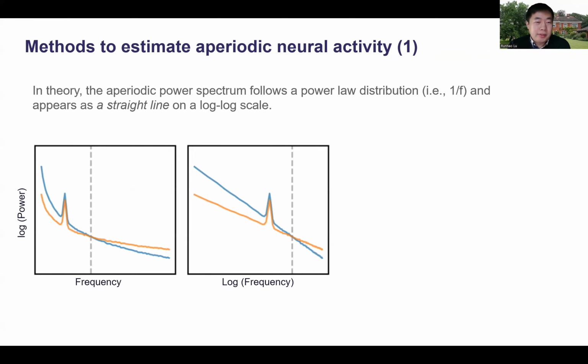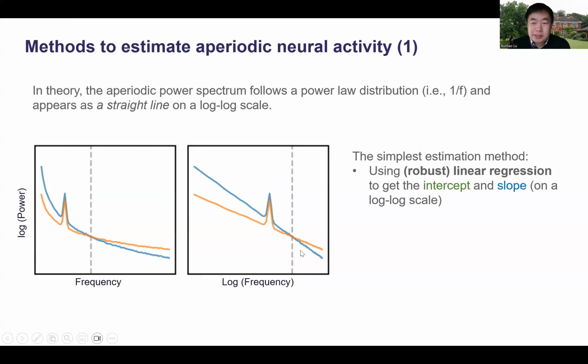In theory, the aperiodic power spectrum follows a power law distribution, just 1/f, and it appears as a straight line on a log-log scale. As you can see here, the straight line demonstrates the 1/f or aperiodic activity, and you also have some oscillatory peaks, which stand for oscillations.